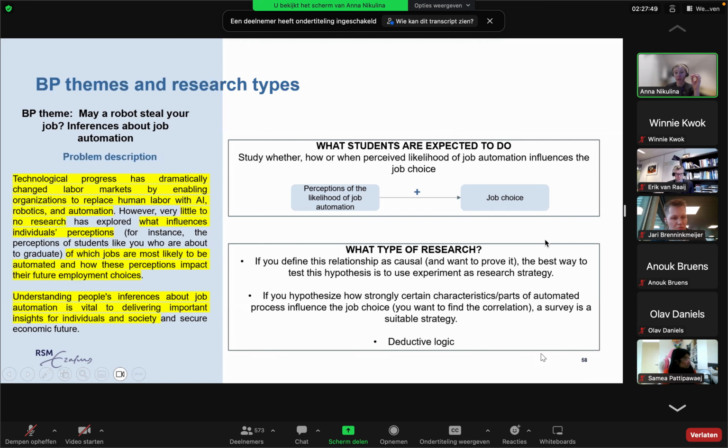But if you change your research focus a bit, and instead of really proving this link, you want to focus on how certain characteristics or processes of automation can affect the job choice, so you want to find correlation between certain types of this automation, you can also do a survey as a suitable strategy.